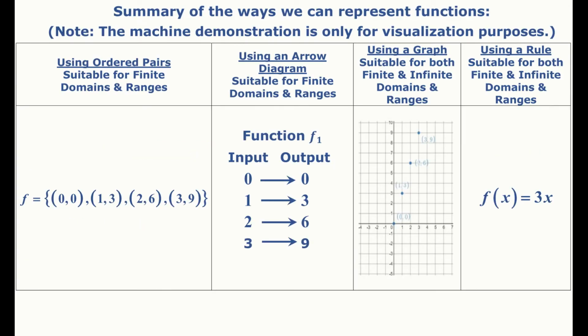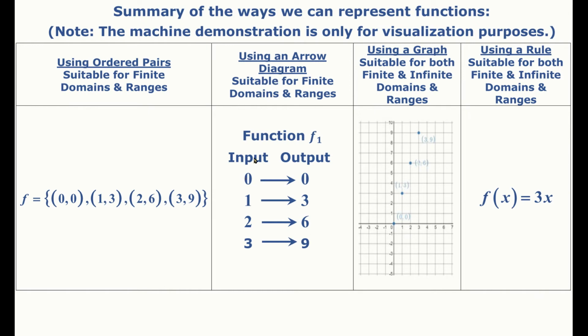So for a summary of the ways we can represent functions, remember, the machine demonstration is only for visualization purposes, right? It's not actually a method we use for depicting functions, but the main methods are we can use the actual set of ordered pairs like we have seen, or we can use the arrow diagram, right?